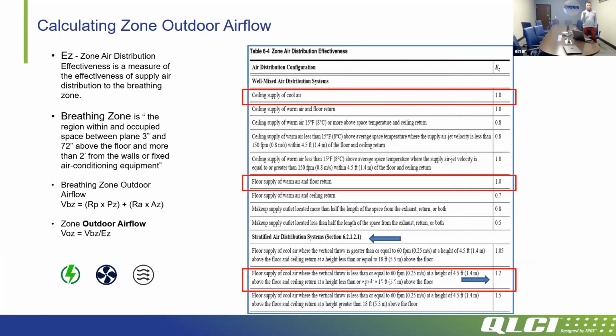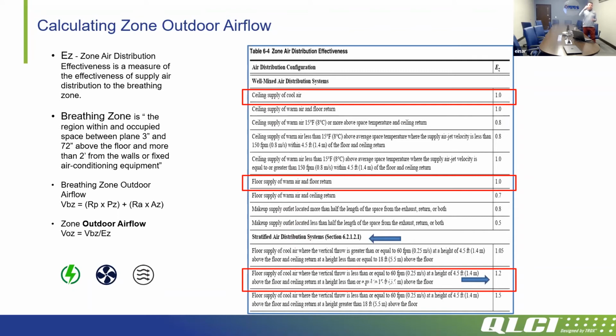Energy efficiency. I mentioned ventilation effectiveness. If you look in 62.1, you'll find a table that delineates between well-mixed systems and stratified systems. So I wish they would have termed it contaminant removal effectiveness, because that's really what ventilation effectiveness is.